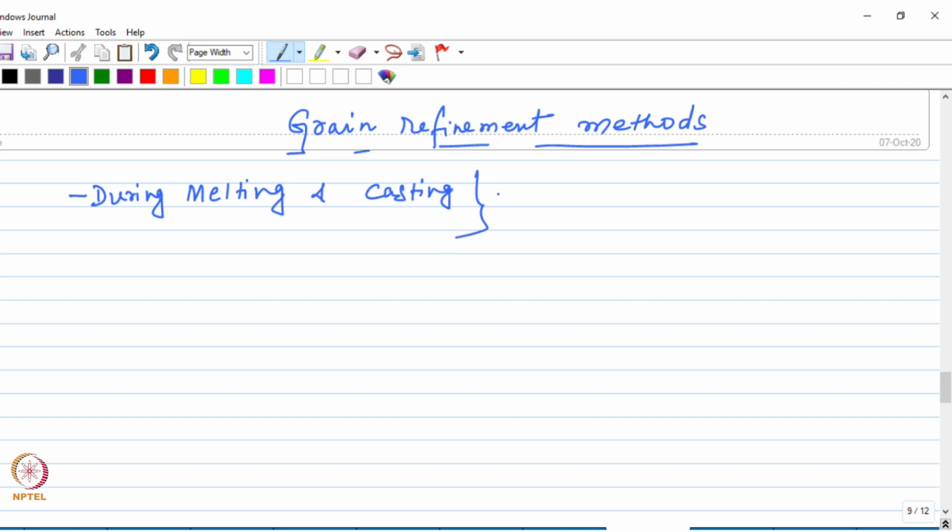And in this case, you need to consider the solidification behavior of the material as to what can be done to it so that it is modified in a manner which will lead to a fine grain size.